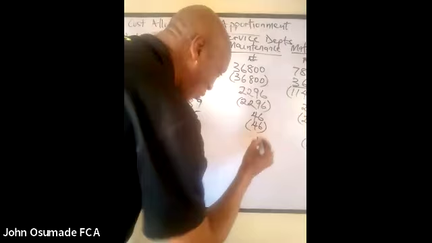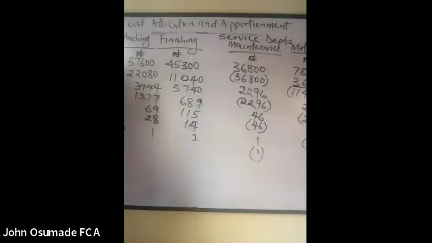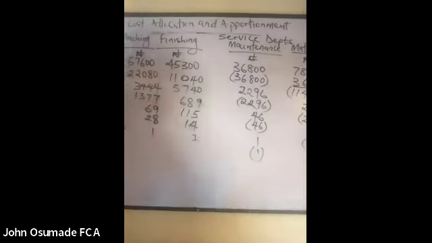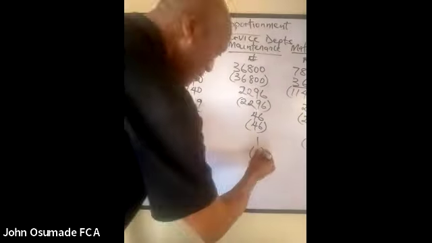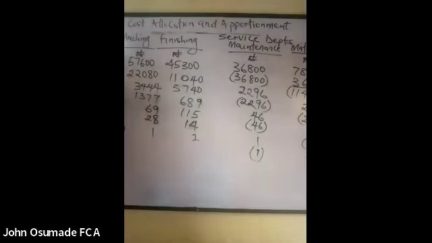Then this one, we apportion this one. 60, 30, 10. 10% of 1 is 0. It's not even up to 1. 30% of 1, 0.3.